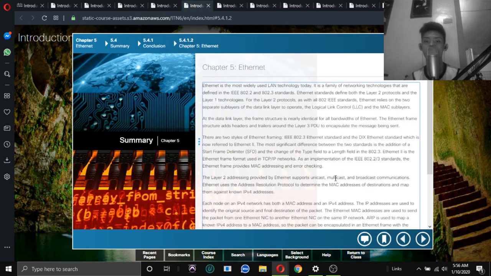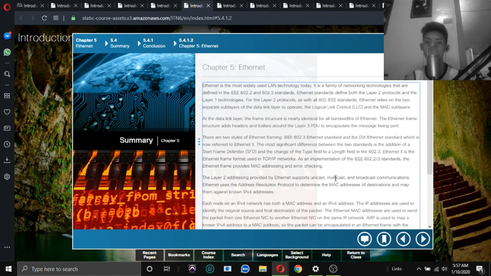For Ethernet, there are two styles of Ethernet framing: the IEEE 802.3 Ethernet standard and the DIX Ethernet standard, which is now referred to as Ethernet II. The most significant difference between the two standards is the addition of a start frame delimiter or SFD and the change of the type field to a length field in 802.3.